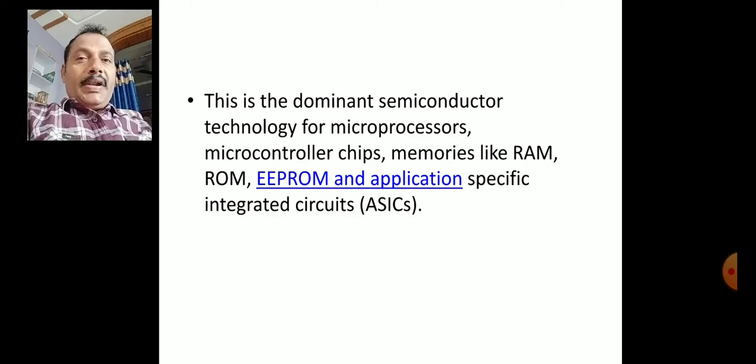In memory design, RAM, random access memory, ROM, read only memory, and EEPROM, electrically erasable programmable read only memory, and other types are also available, which are manufactured with the help of CMOS technology. RAM is volatile memory, ROM is non volatile memory.